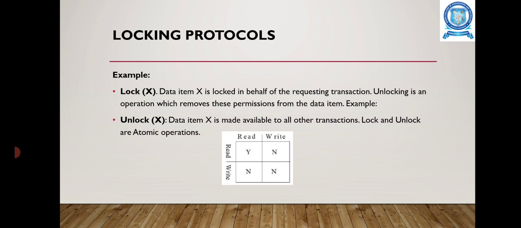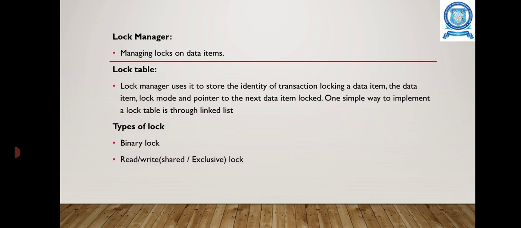Then another transaction can read only that item, but cannot write. That is, read-write is not allowed, read-read is allowed. At the same time, if an item is locked for write, then that item can be read but not written. Okay, this is the meaning of this particular matrix.